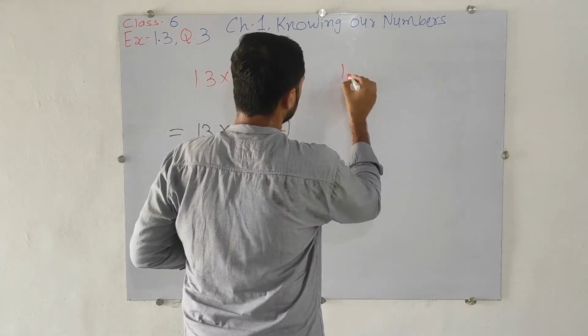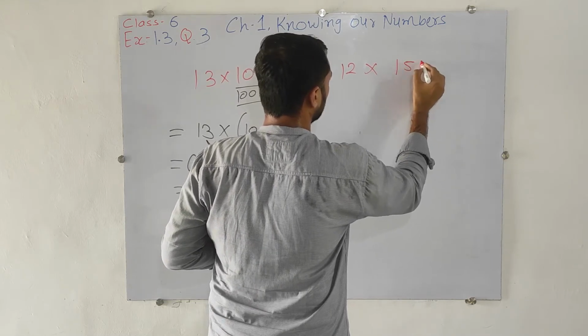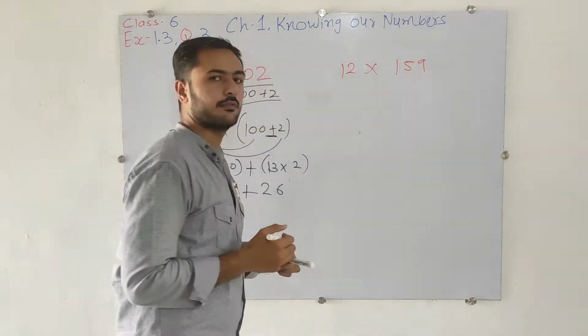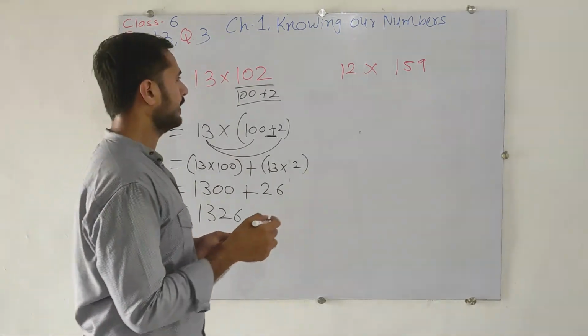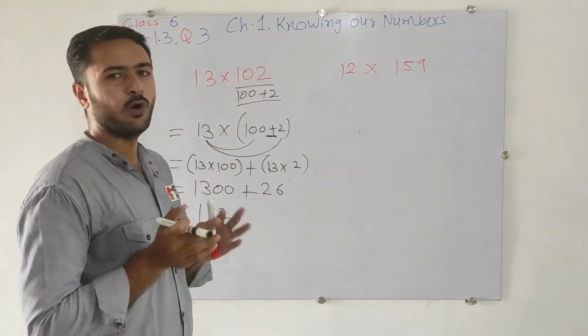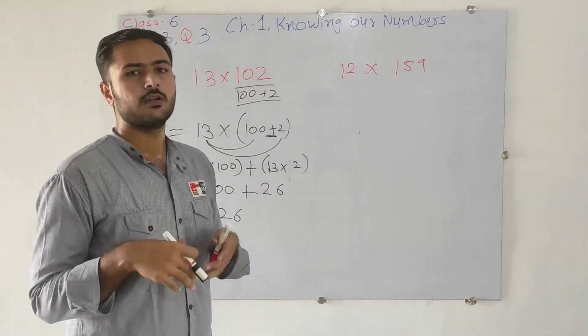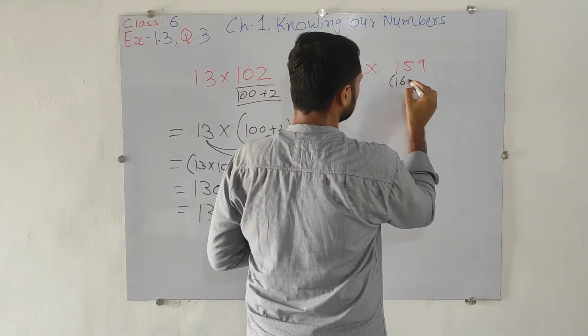Let's take 12 multiplied by 159. Here you can observe that it's 159. So we can write it in both ways, 150 plus 9 or 160 minus 1. I am just going to write it as 160 minus 1.